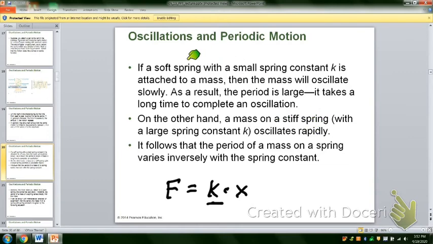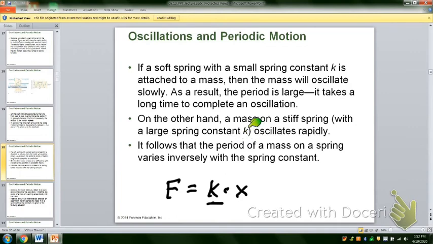So if you have a soft spring oscillating slowly, that means the period is going to be larger because it's going to take longer to complete a cycle. So when this number is small, our period will be large. So they're inversely related. And if you have a stiff spring, that means you have a large K value, which will result in a smaller period.